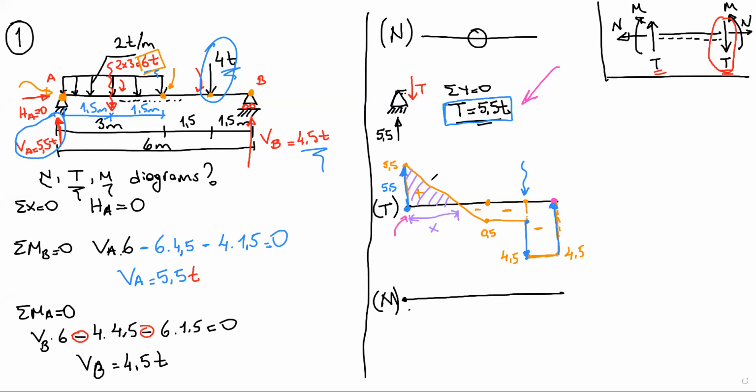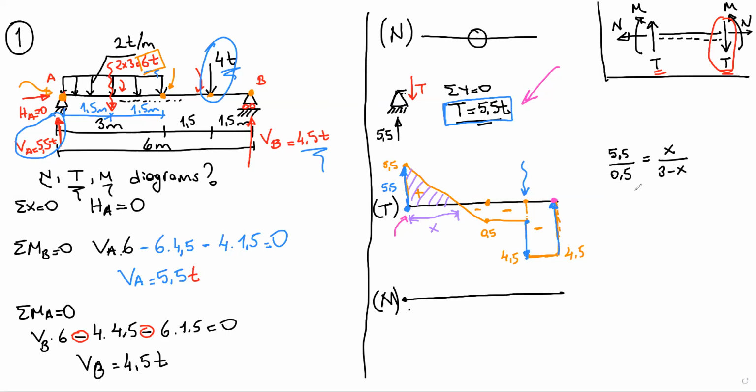So let me write here. 5.5 over 0.5 equals x over, what is the total? 3. 3 minus x.